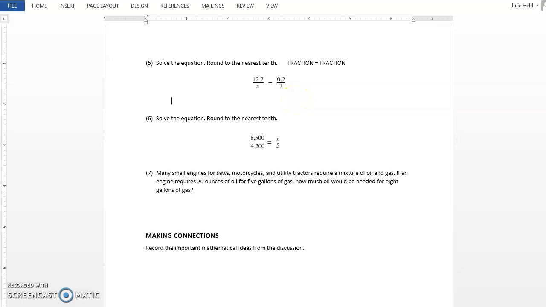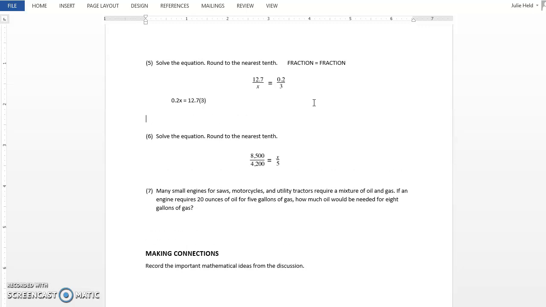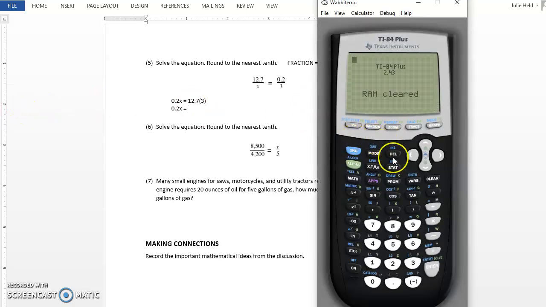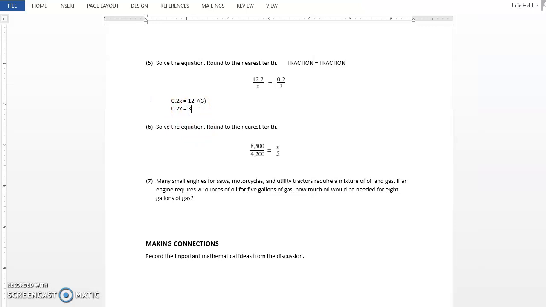So these are just good ones to practice, number 5 and number 6. I would recommend realizing, oh, they're in the form of a proportion, so I can do the cross product. Write down what you get and make sure that every step of the way you have an equation. So I have 12.7 times 3 on the right, which is 38.1.